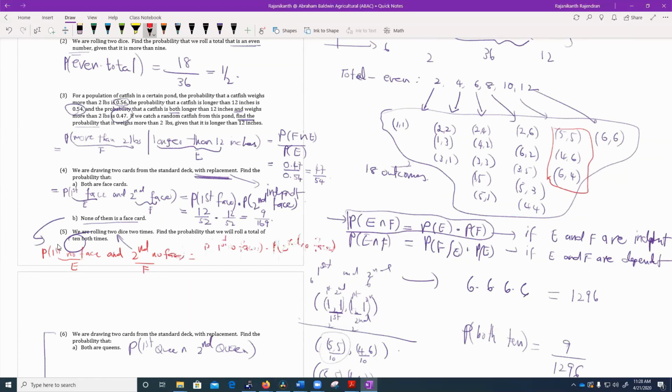You are choosing one card. What is the probability of having no face? There are 12 face cards, and the remaining from 52 are no face. That means 52 minus 12, which is 40. 40 are no face out of 52, which is 10 over 13. So the answer is 100 over 169.